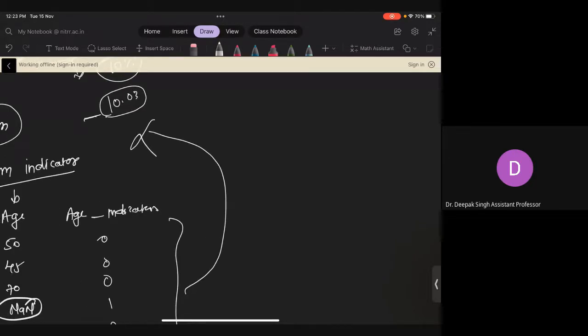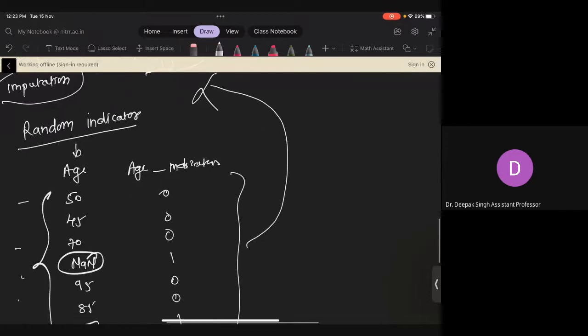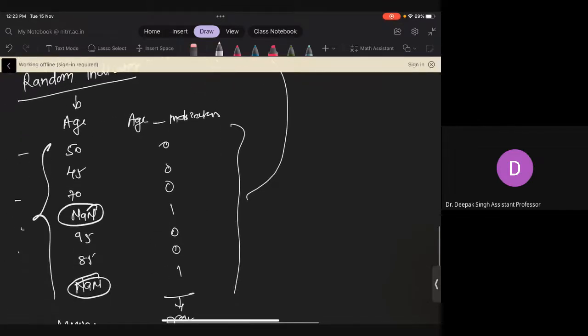Right? This will add one more column and will help the classifier to deal with such instances in a different manner, so that now your classifier can distinguish which instances are carrying missing values and which instances are not. Okay?